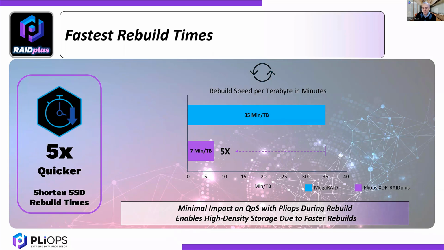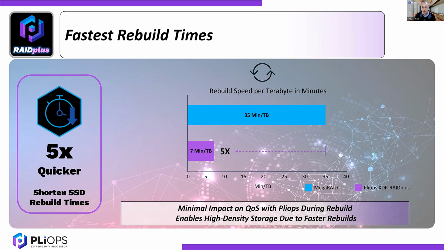This can put your data at risk, as the probability of another drive failure is increased during the rebuild process, so the problem can get bigger. The longer the rebuild, the higher the possible probability of having another drive failure. So the quicker you can do that, the more the probability of a second failure goes away. And that's the nice thing about a solution like ours.